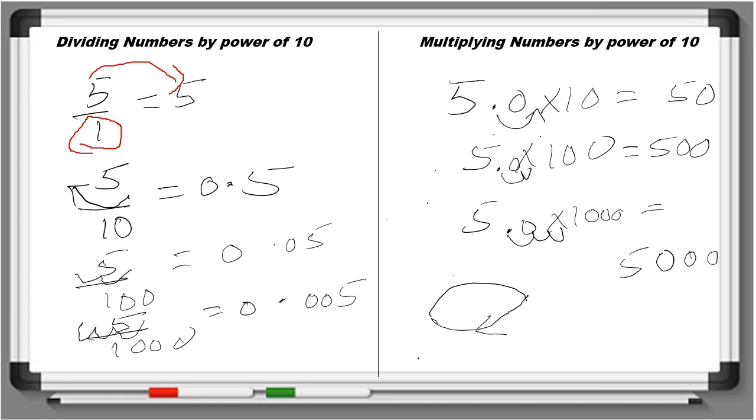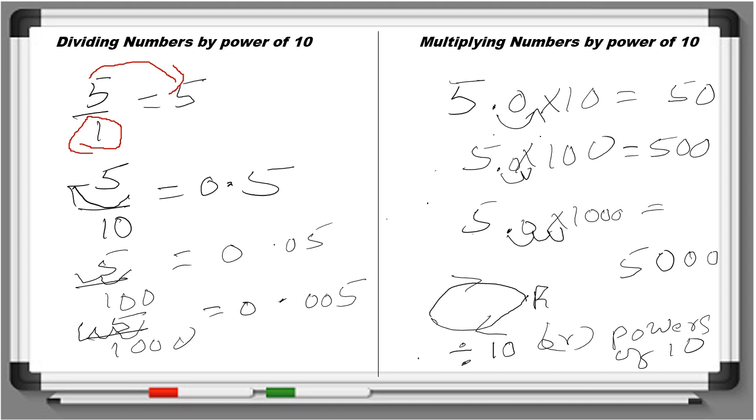So what I want to say to you, if I draw like this, I can put 2 arrows. Whenever you divide any number by 10 or powers of 10, the decimal shifts from right to left.